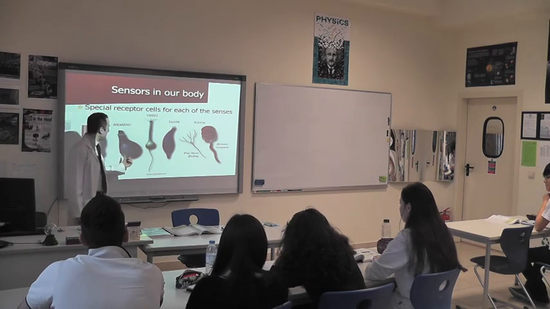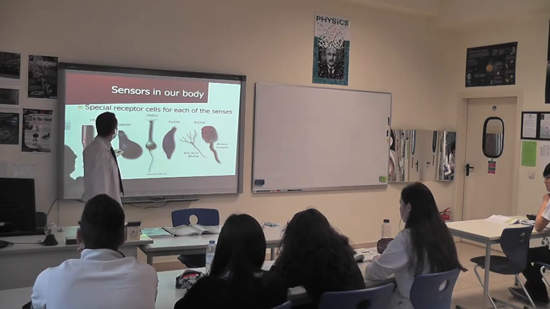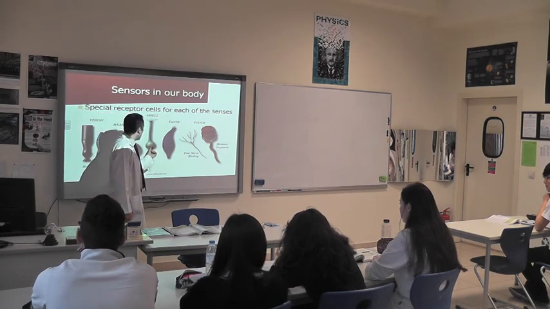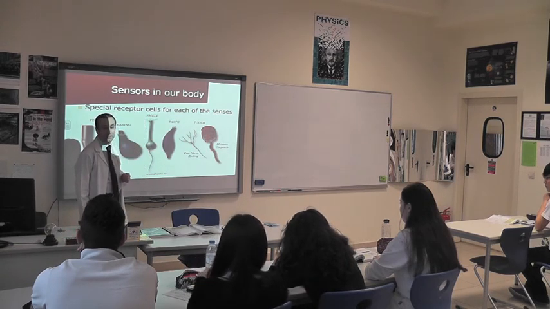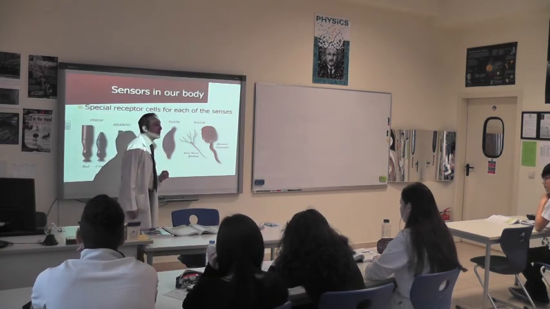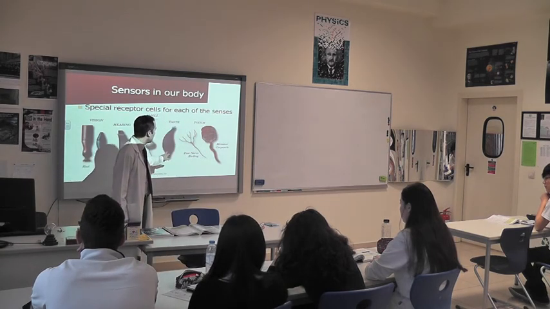We have different sensory cells for hearing in the ear. Pressure sensors. We have some very interesting and very sensitive sensors for smell. They work through a chemical process. We have some sensors on our tongue, taste sensors.